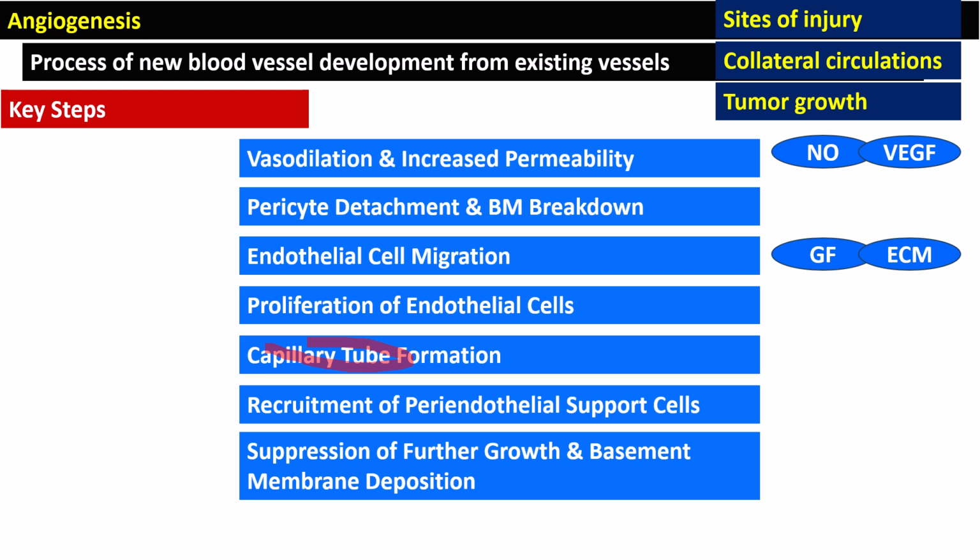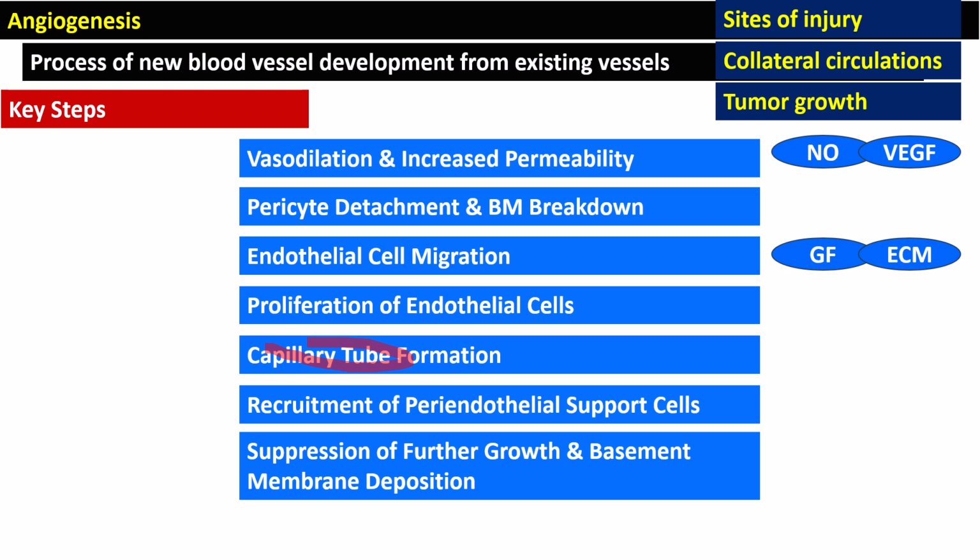Now the supportive tissues are there and the sprout has formed. So there should be suppression of further growth and basement membrane deposition. So the further growth is suppressed and basement membrane is deposited.